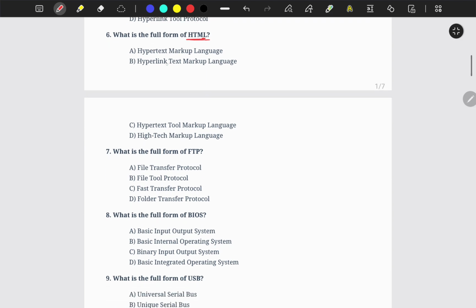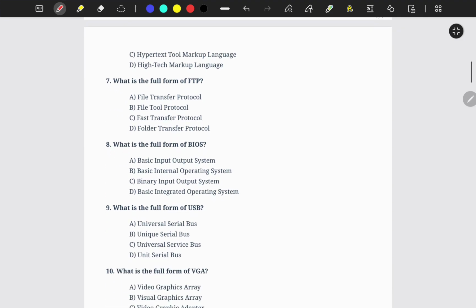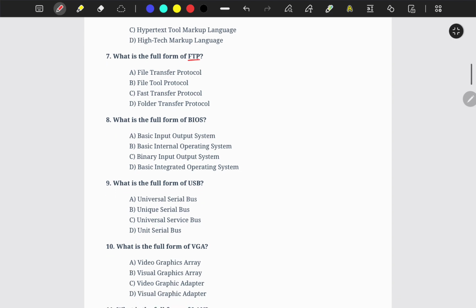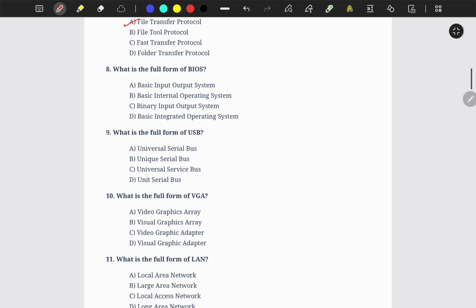Hypertext Markup Language, Hyperlink Text Markup Language, Hypertext Tool Markup Language, or High-Tech Markup Language. The correct answer is A, Hypertext Markup Language. What is the full form of FTP? File Transfer Protocol, File Tool Protocol, Fast Transfer Protocol, or Folder Transfer Protocol. The correct answer is File Transfer Protocol.